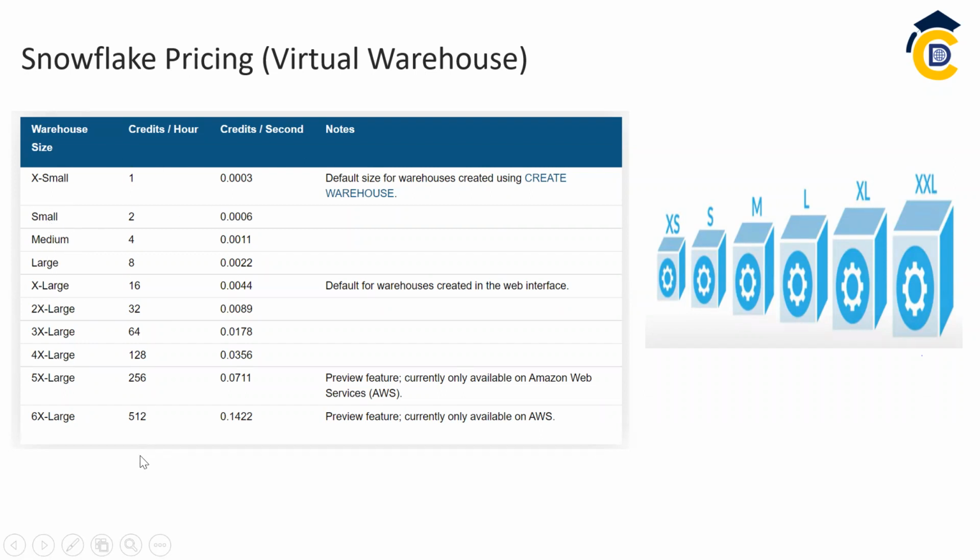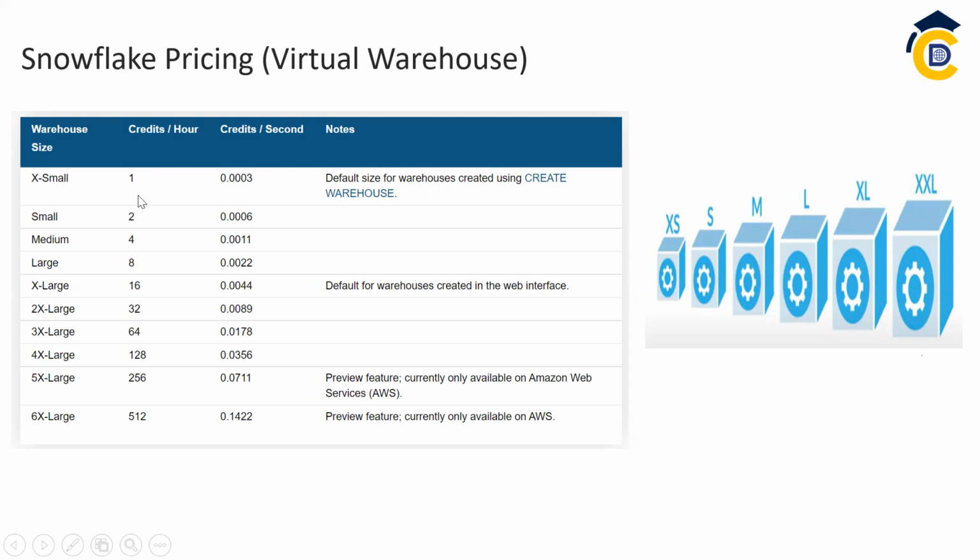This is a pictorial depiction of how XS and small look, just for your visualization. This is your credits per hour. If you chose a warehouse of size X-small, which is 1 node per cluster, and it runs for an hour, it will be 1 credit.